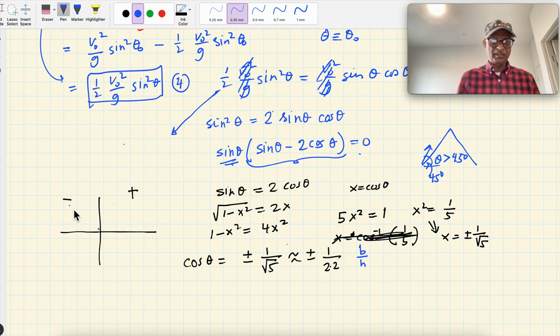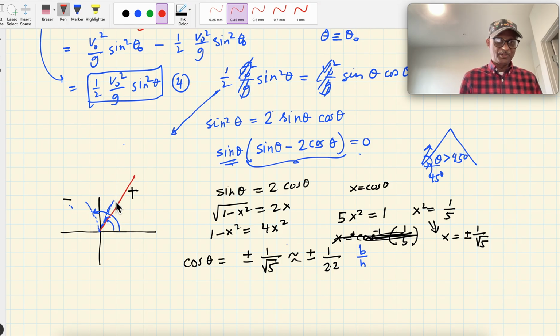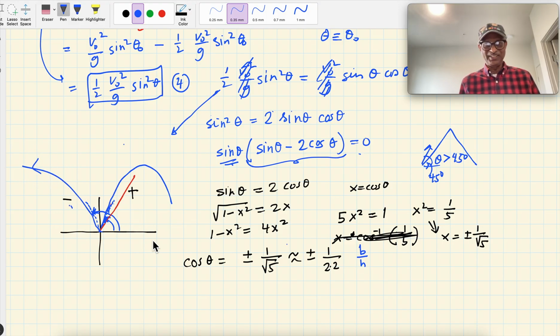If you look at this angle here, it's something like this over here, or over here. So either this angle or this angle. If I'm going to go in this direction, then I need this angle, not this angle, which would just take me in the other direction. So the minus is not the case here.